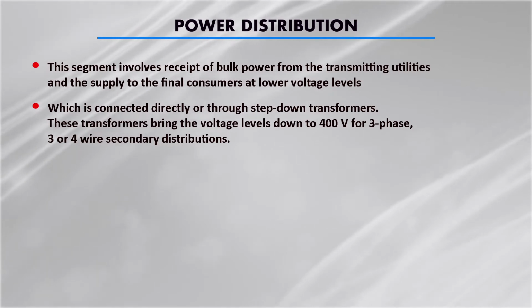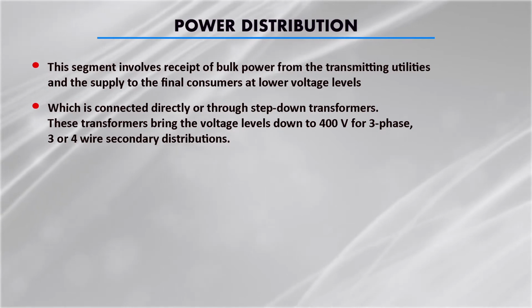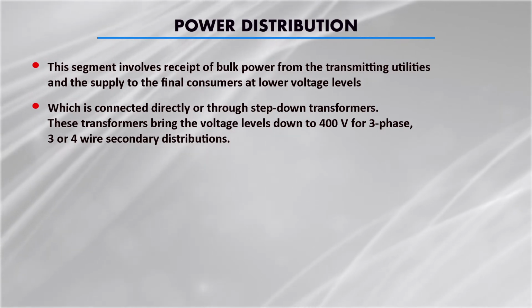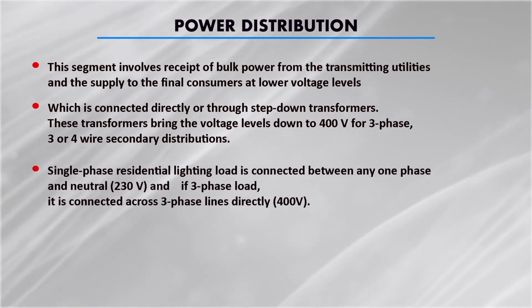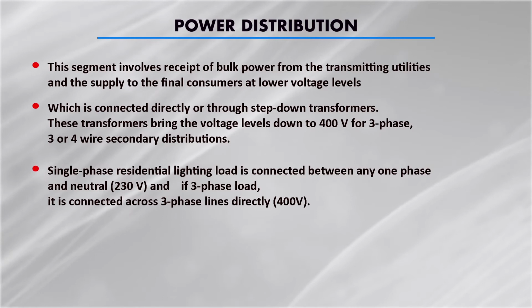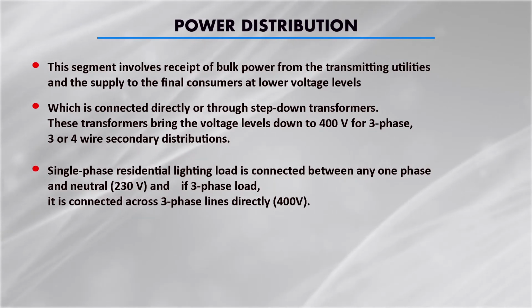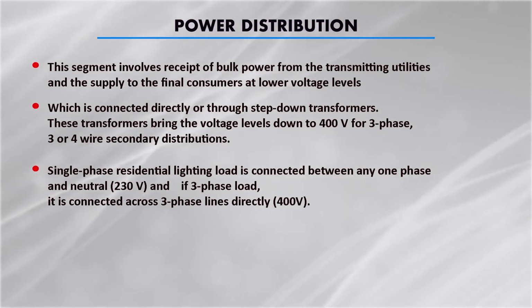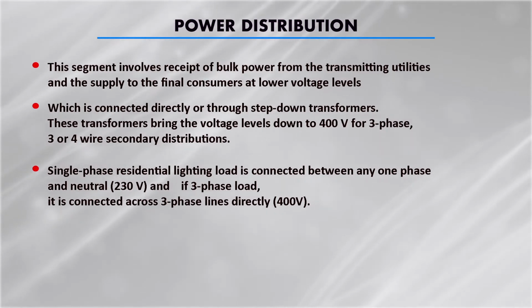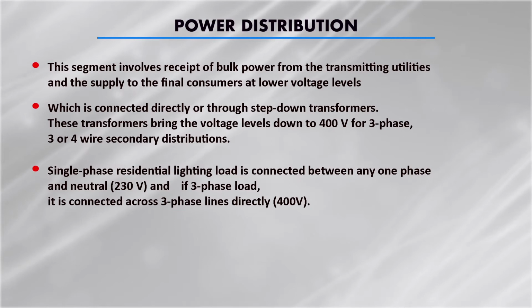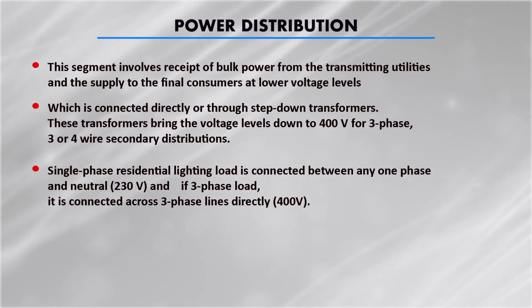I will discuss this at a later stage. The single phase residential lighting loads are connected between any one phase and neutral, which is 230 volt, and if there is a 3 phase load, then it is connected across the 3 phase line directly.